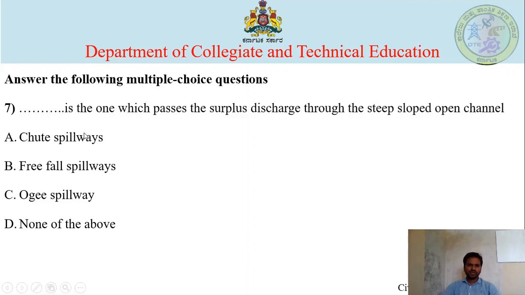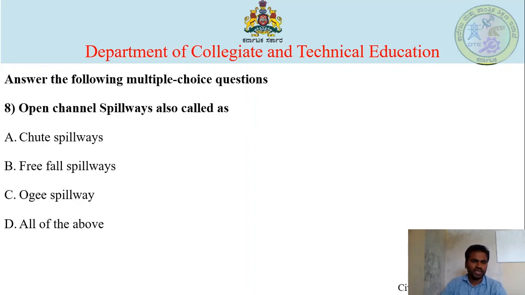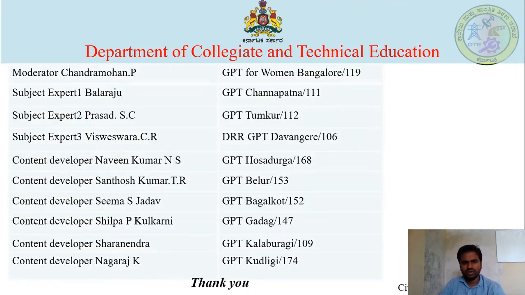Option A, chute spillway; option B, free fall spillway; option C, Ogee spillway; option D, none of the above. Answer is A, meaning chute spillway. Next question. The open channel spillway is also called as option A, chute spillway; option B, free fall spillway; option C, Ogee spillway; option D, all of the above. Answer is A, meaning the open channel spillway is also called the chute spillway. Thank you very much for listening.